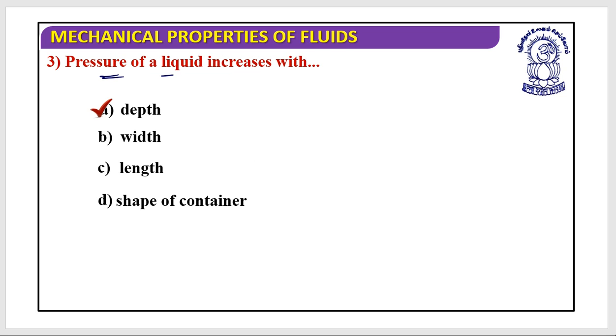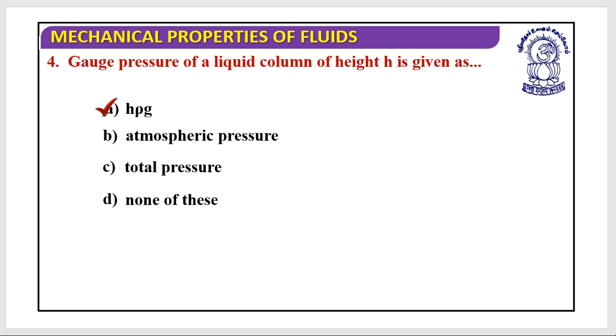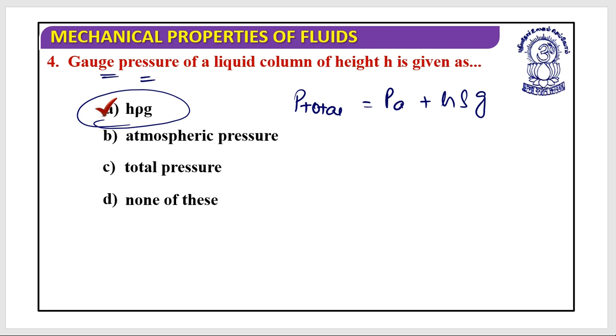Next, pressure of a liquid increases with, yes, it increases with depth. Width and length, no. Shape of the container, no. So depth would be the correct answer. Next, the gauge pressure, that we discussed in the last class, of a liquid column of height h is given as h rho g. Basically, P total is equal to atmospheric pressure plus h rho g, and from this, P total minus atmospheric pressure, which we call the gauge pressure, is equal to h rho g.